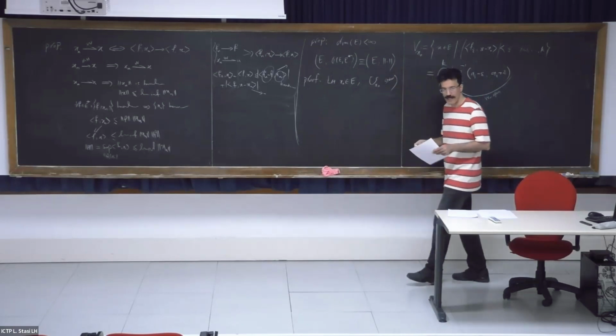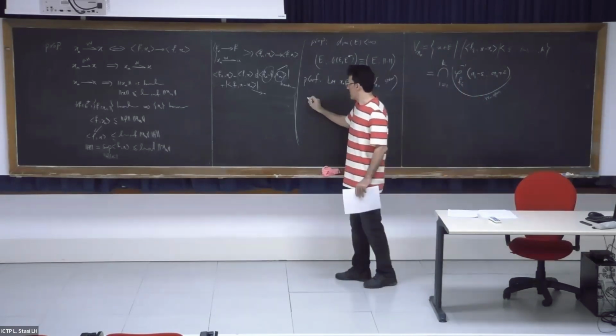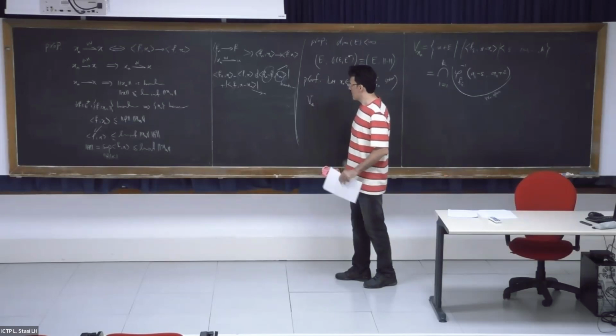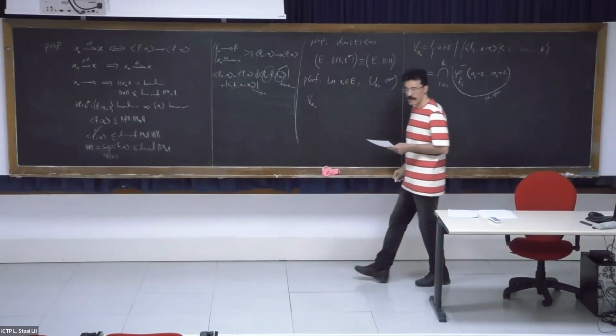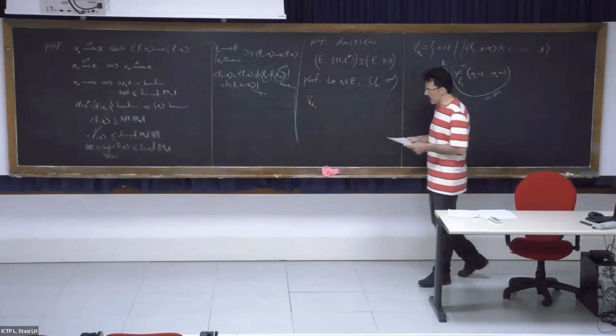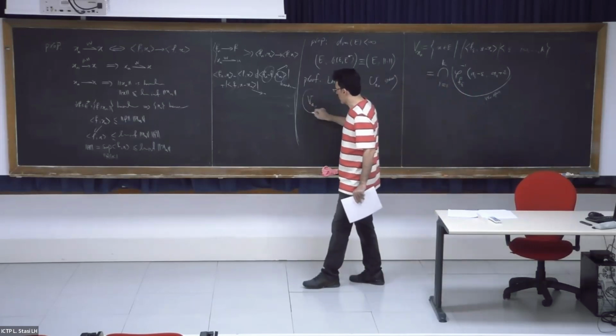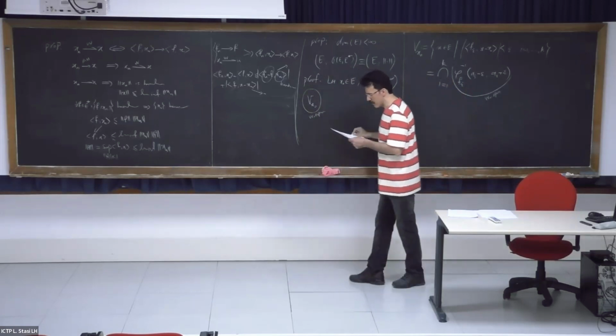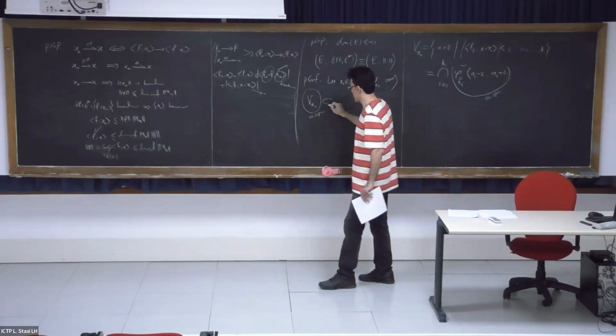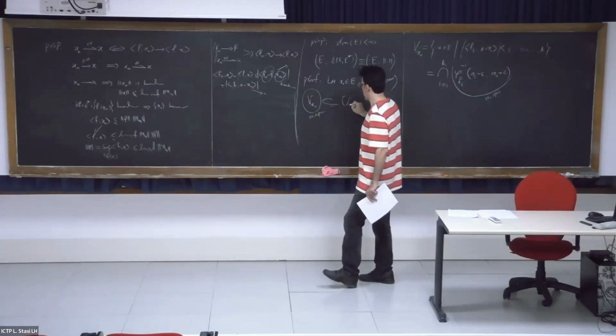We have to find some V of x0, a neighborhood for the weak topology, with the property that it is a subset of U.